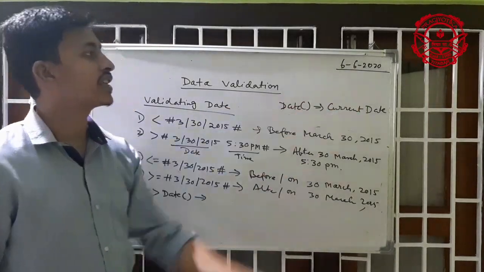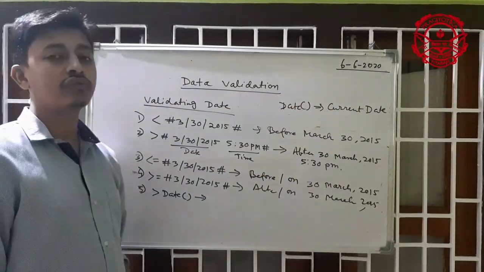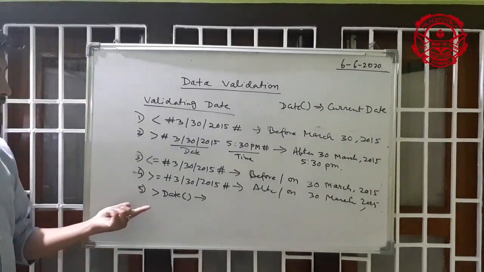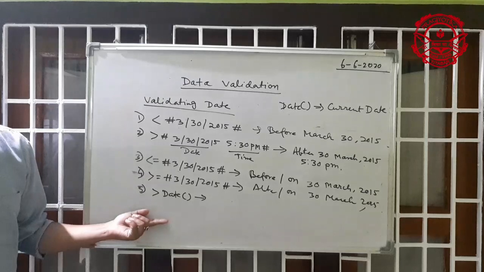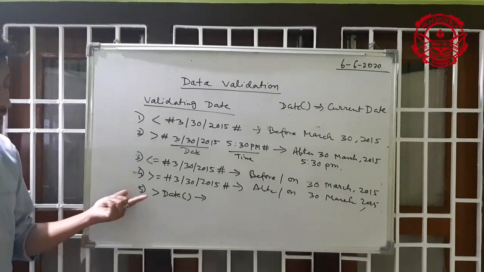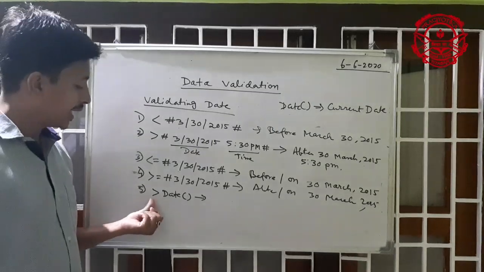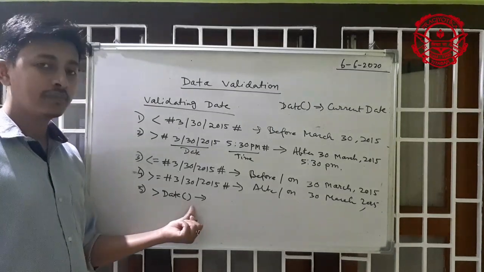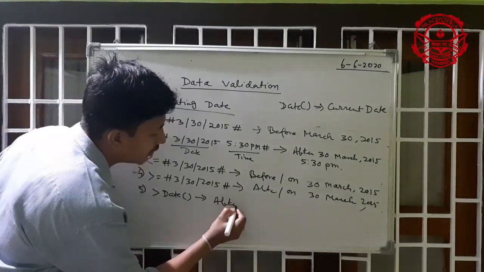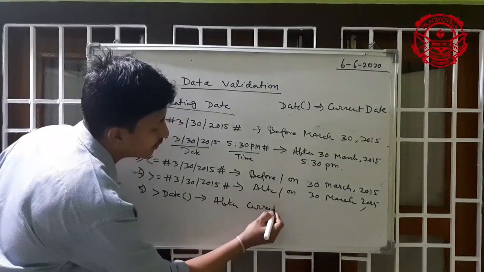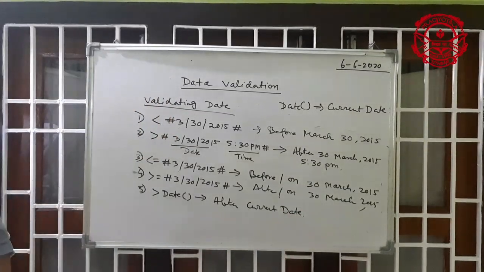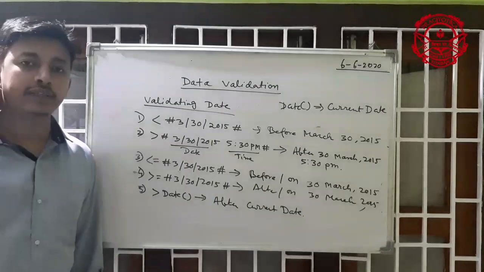Today is 6 June 2020, so it will give 6 June 2020. Here you can see greater than Date means it will be after the current date. The date occurs after the current date.